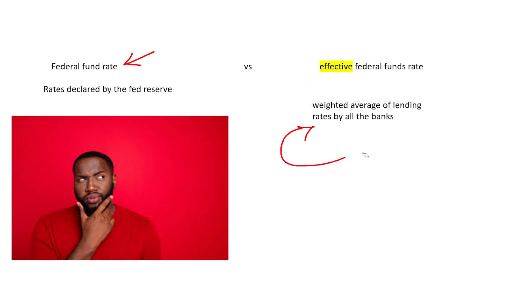So if any economy's condition of improving or worsening has to be analyzed, then this effective fund rate is analyzed, and it will give a clear indication of that economy's growth or worsening condition, right? So there is not any particular difference between the federal fund rate and the effective federal fund rate. It is just a weighted average, right?